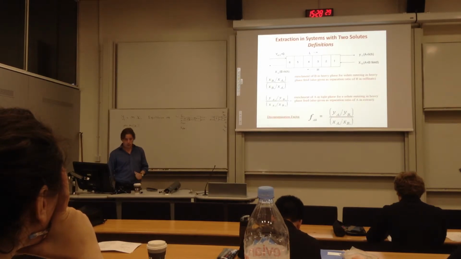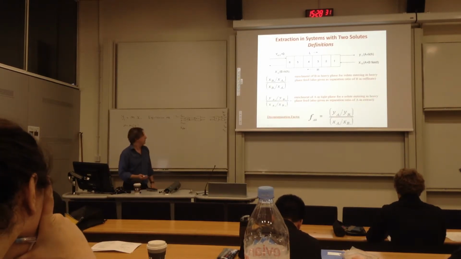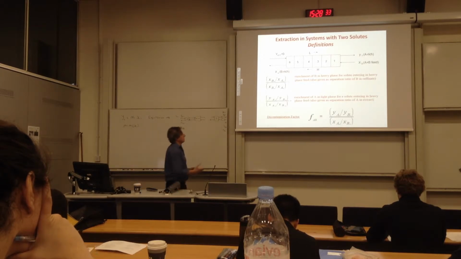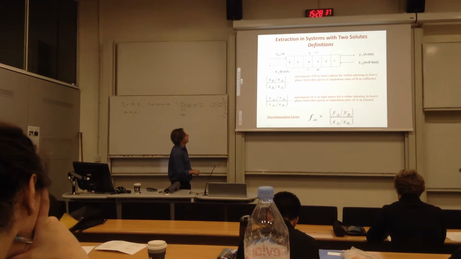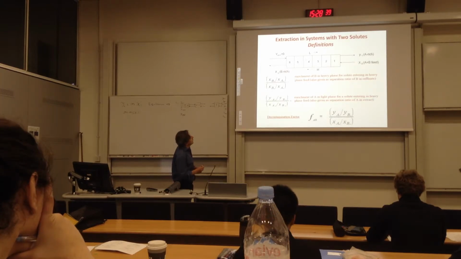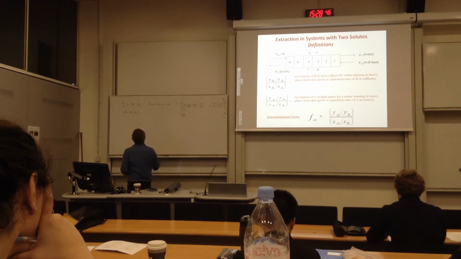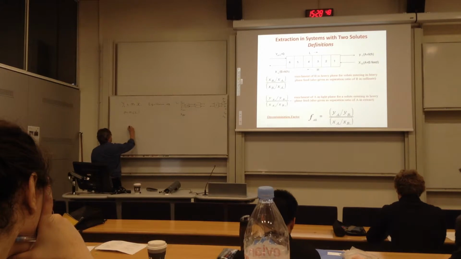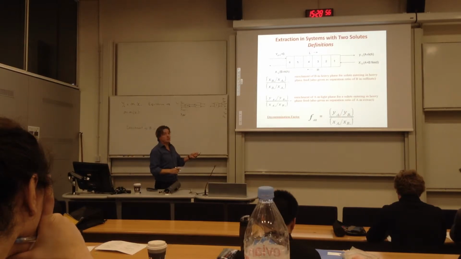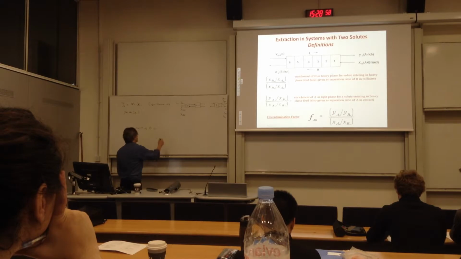Let's define a couple of things. These are just definitions, just to give names to some things, but I hope you will agree with me that this makes sense. So first, enrichment of B, and we are going to do this for the heavy phase, or for example for the aqueous phase.